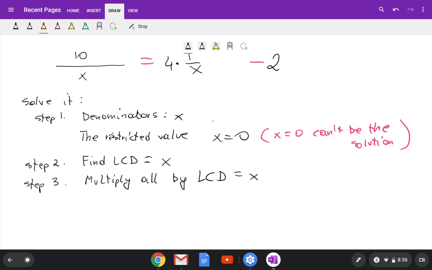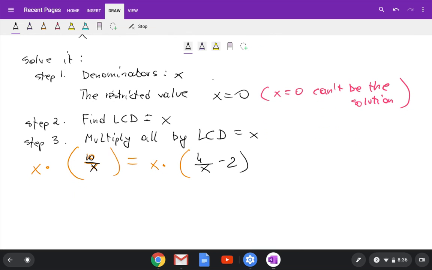So we multiply each side by x. I have x times the left side of the equation, which is 10 over x, equal x times the right side of the equation, which is 4 times 1 over x, which is 4 over x, minus 2.